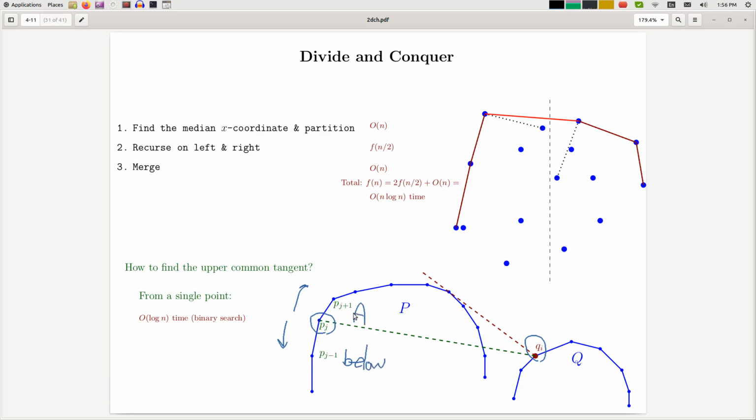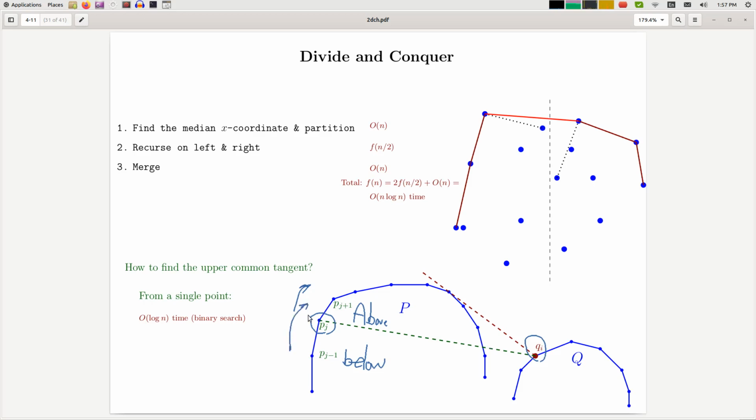So this is above. This would tell me that the common tangent is in that direction, because it would tell me that the line segment that connects Pj to Qi goes through the convex hull, because the upper hull is making a right turn.